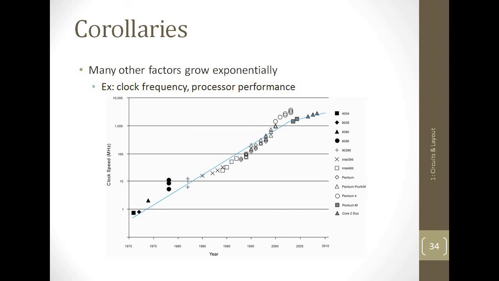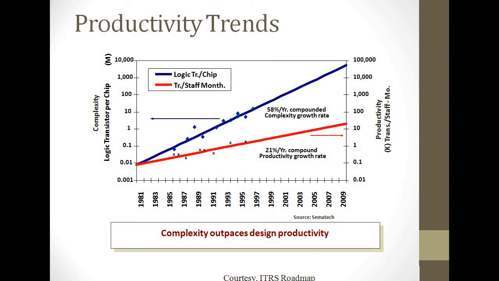As corollaries, many other factors grow exponentially, like clock frequency and processor performance, which grow together along with the transistor count. Productivity trends: complexity outpaces design productivity. You can see the graph of logic transistors per chip and transistors per staff month.